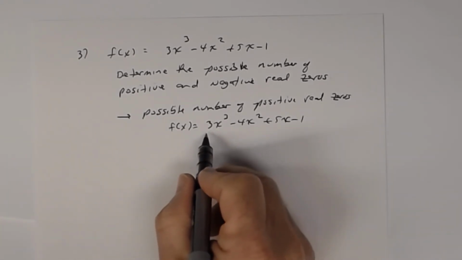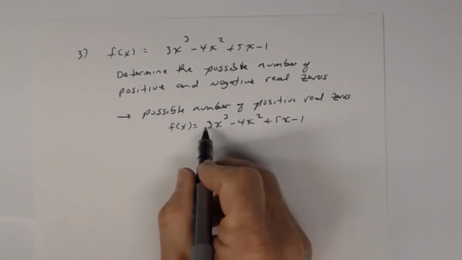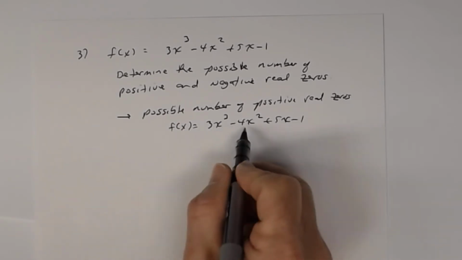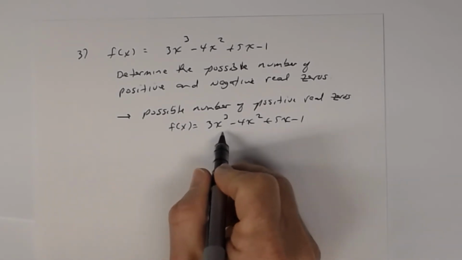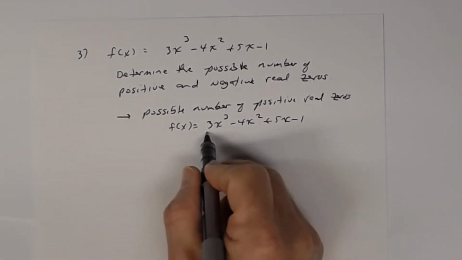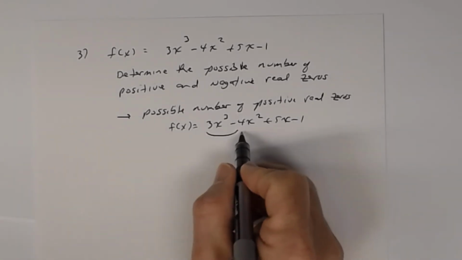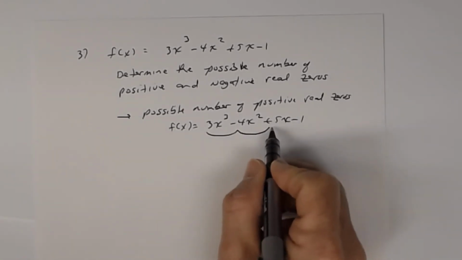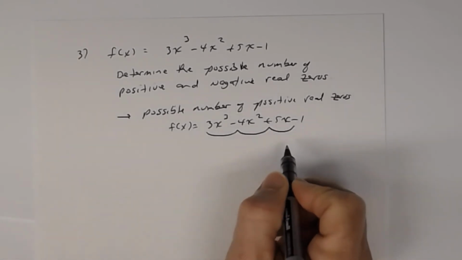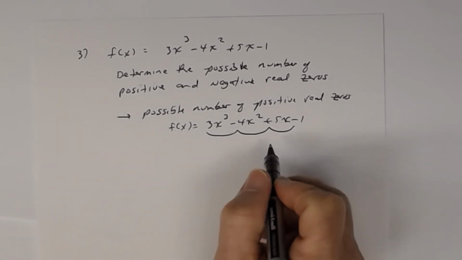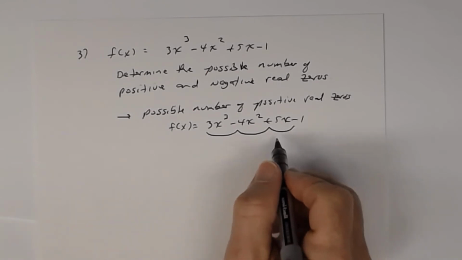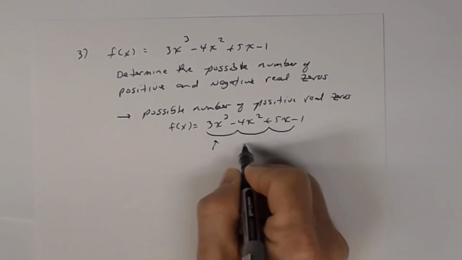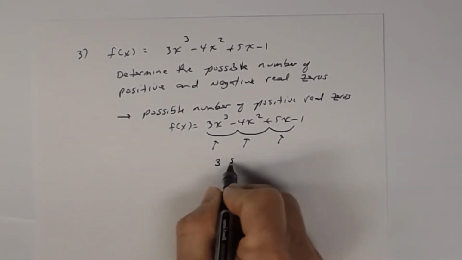All right, we've got to look at sign changes of the coefficients from consecutive terms. So from 3, see this is 3, negative 4, that's a sign change. Negative to positive, that's a sign change. Positive to negative, that's a sign change. Okay, so in this particular case, there are 3 sign changes, right? 3 sign changes.